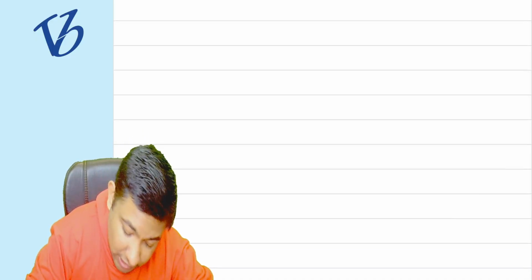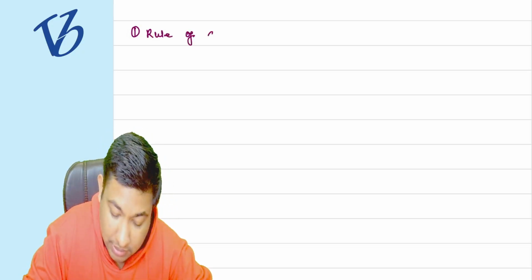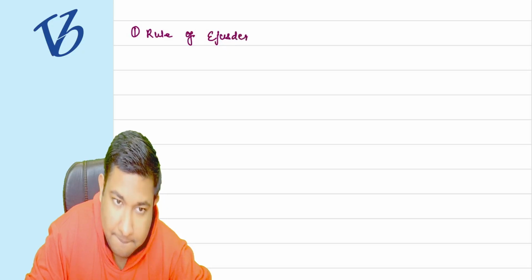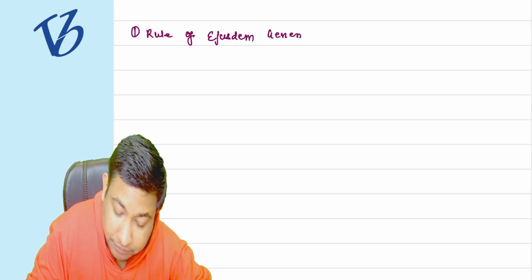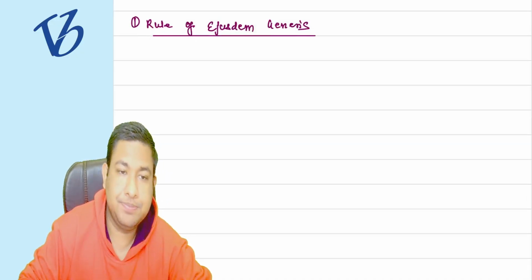First we are talking about the rule of ejusdem generis. What does it talk about?